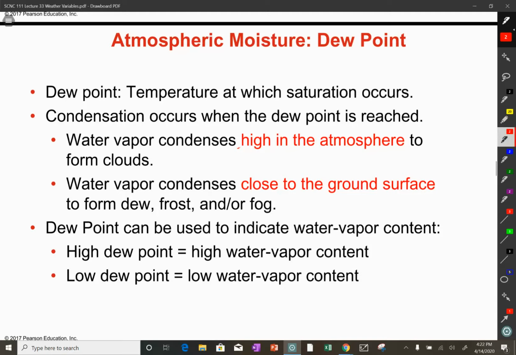So the difference in fog and a cloud is altitude. My understanding is if it's within 50 feet of the ground, we call it a fog. If it's more than 50 feet above the surface of the ground, we call it a cloud, right? So there's no difference in what is a cloud and what is a fog, except for where it's located.